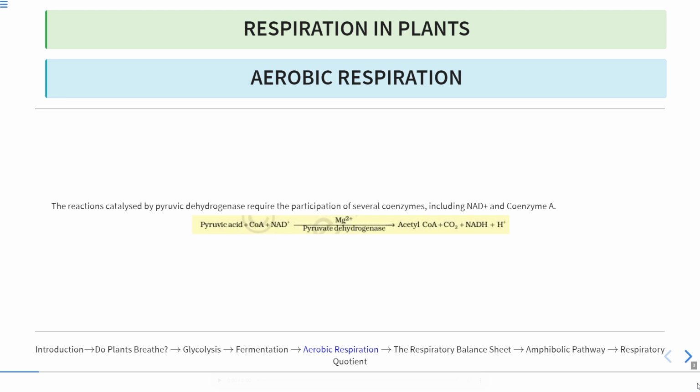This is a very important step of reaction.